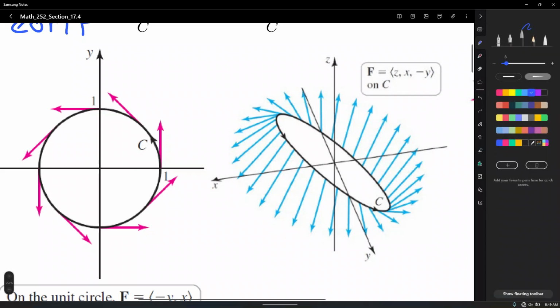This vector casts a shadow right here. Remember shadows, projections, right? So these vectors in yellow can be broken up into 2 components to add them together.